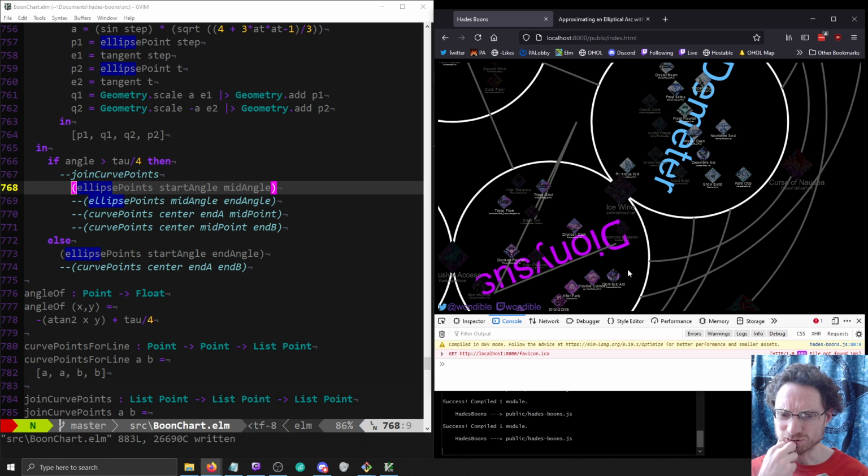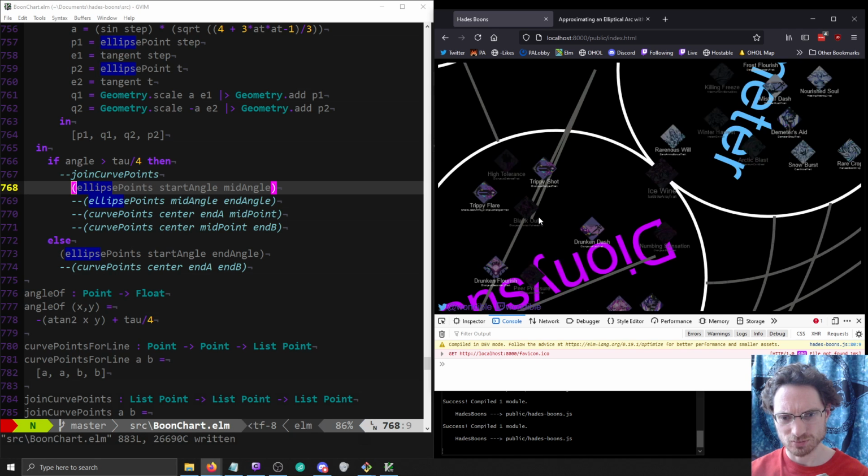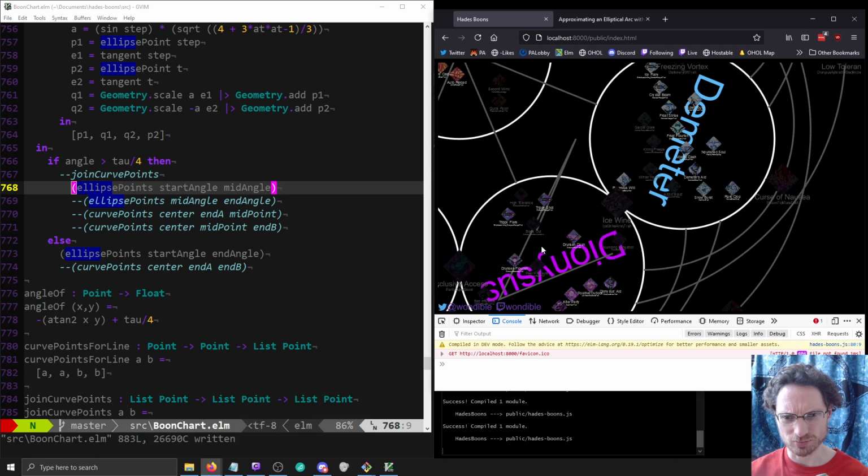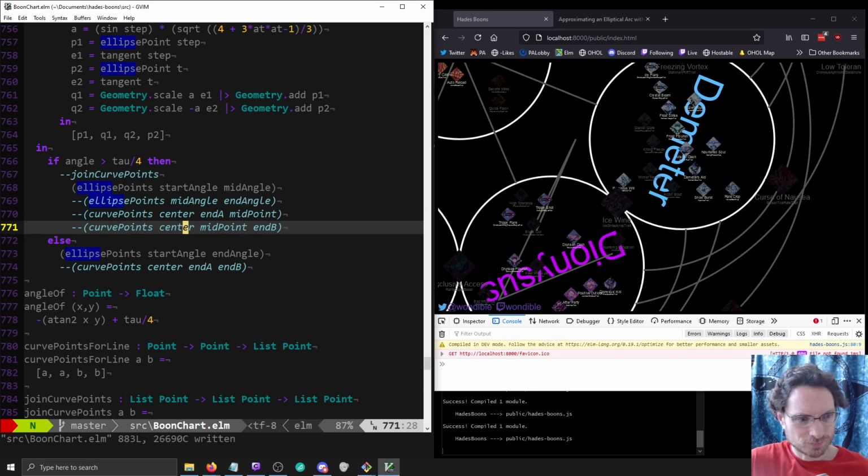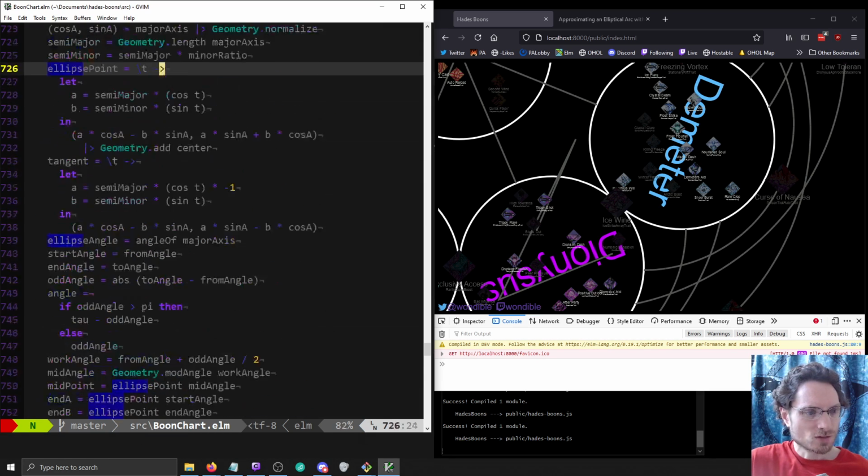The tangents here almost look like, well, this one looks like it's perpendicular. That one I'm not so sure about. Maybe if we broke it halfway through and it wasn't quite even. So what were we doing before here?